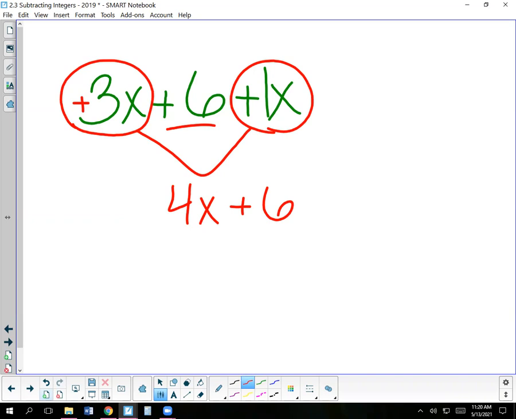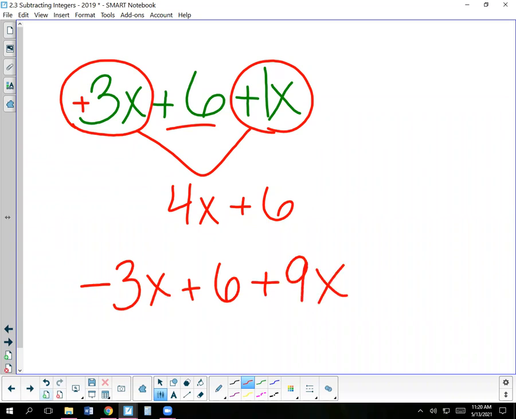If I had a problem like this, I'm going to spend more time on this, obviously not today, but the difference between 6th grade and 7th grade is now this. What do we still look at? We still look at the sign in front, right? So what's the sign for the -3? -3.